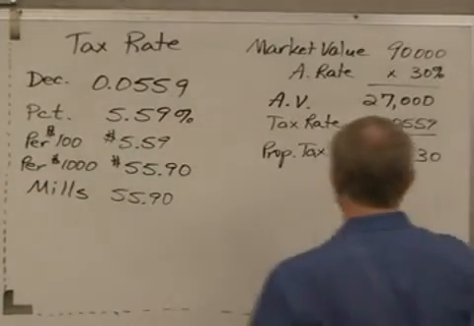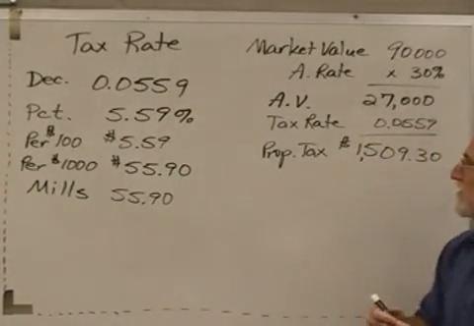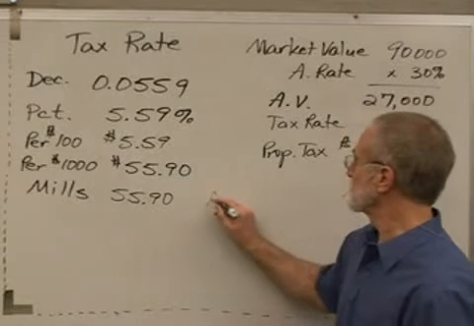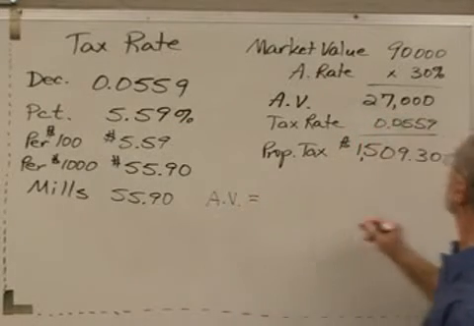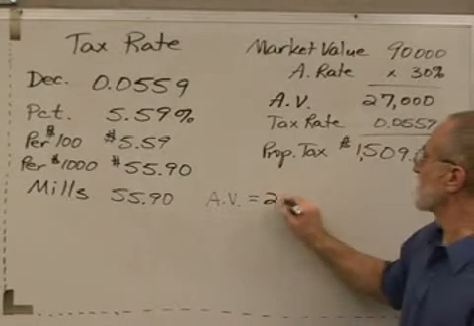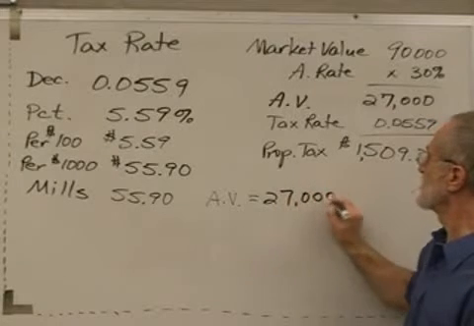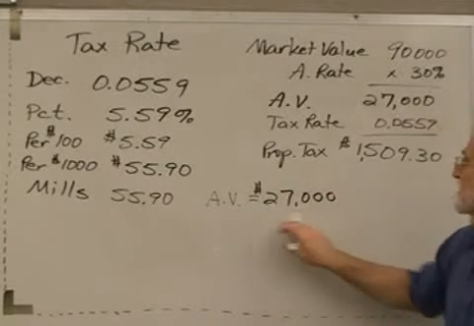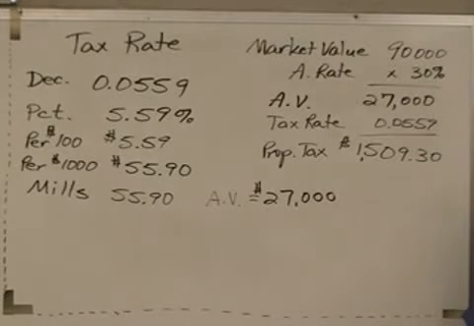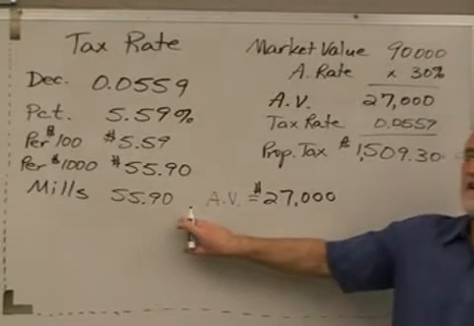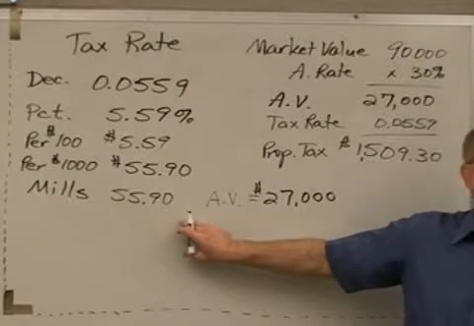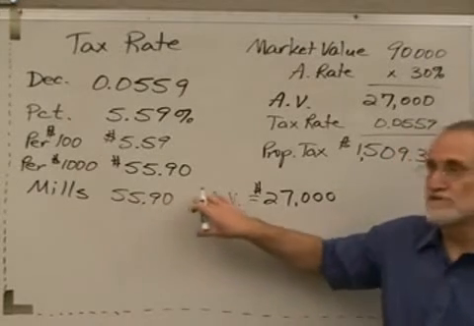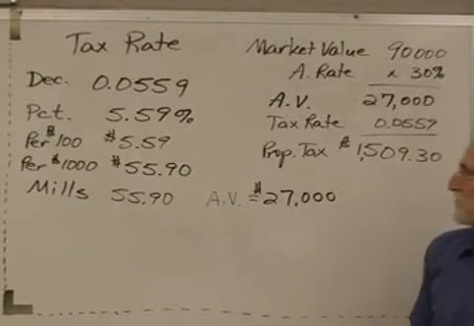So let's figure this out. Let's say we had an assessed value of $27,000. We'll use our same number. And the tax rate were 55.90 mils. We normally take it to 2 decimal places on the mils.